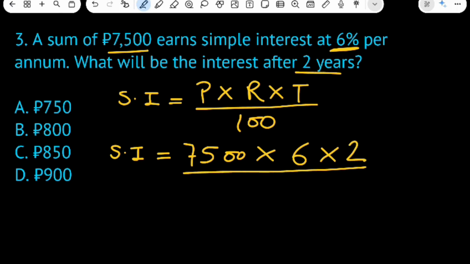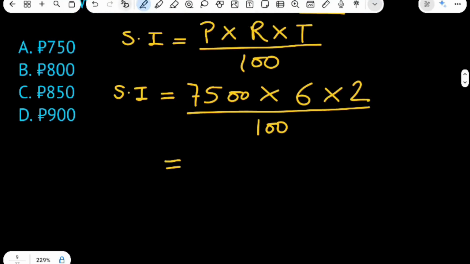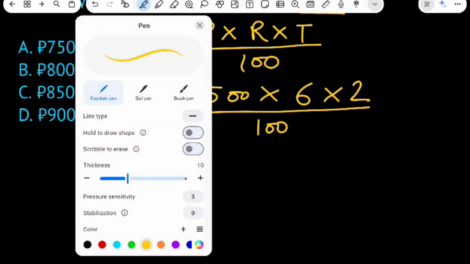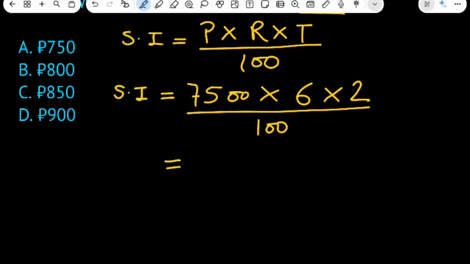Now dividing it by 100, we will have to solve this equation by ourselves, and the more we practice, the more quickly we get to solve it. So now again, let me change the color, and we have to cut the two zeros above with the two zeros of 100 below. We have the equation 75 multiplied by 12, right?